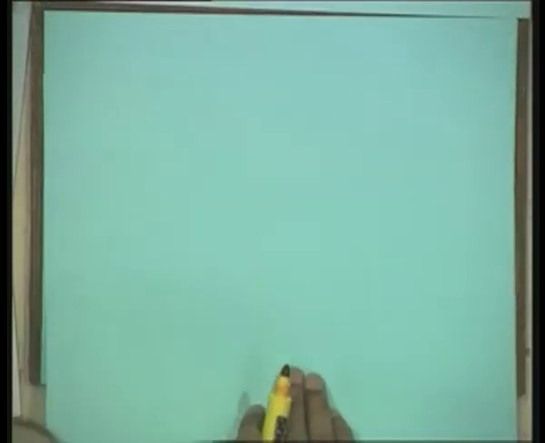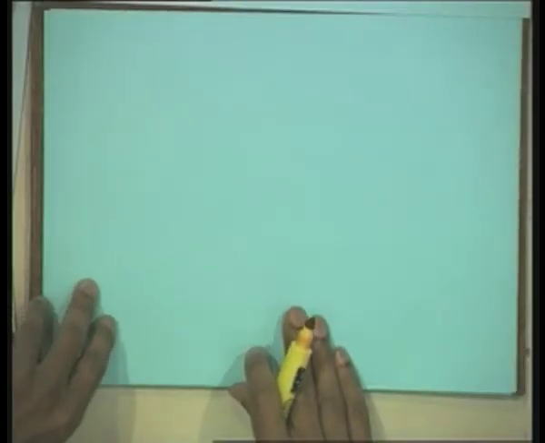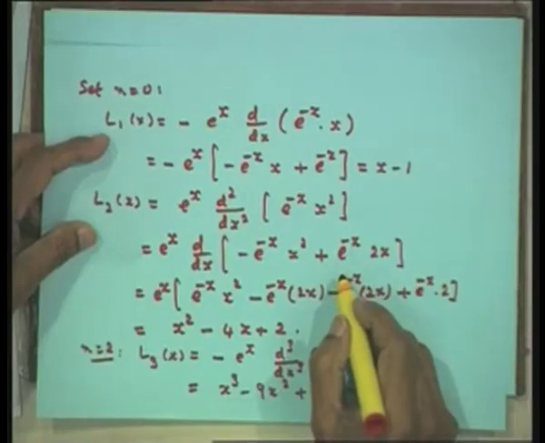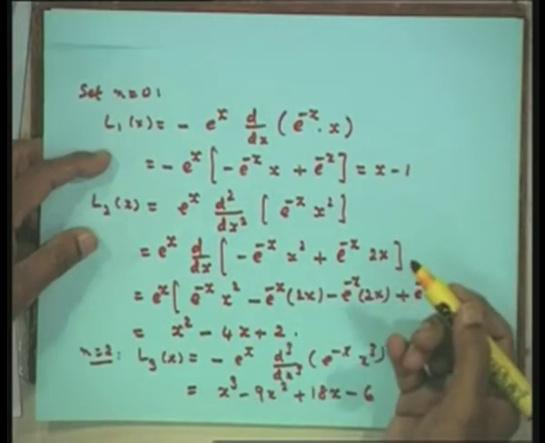Therefore, in the integration rule we substitute the zeros of the Laguerre polynomials and then write down the required formula.